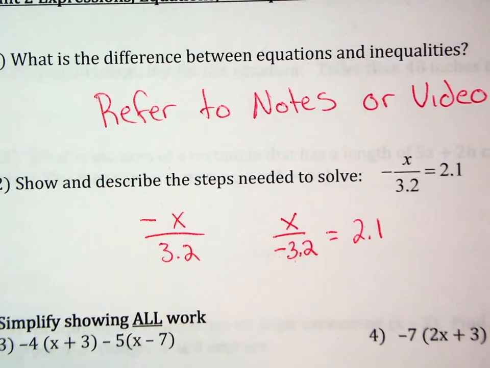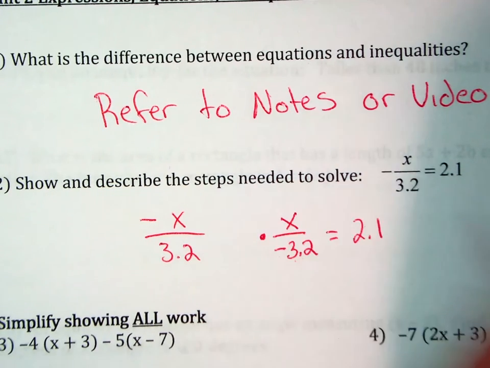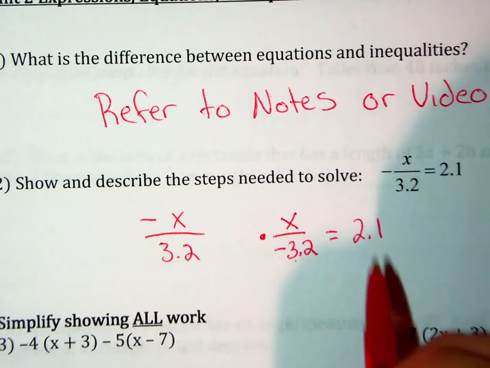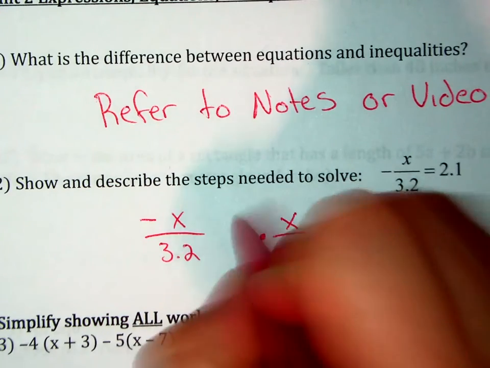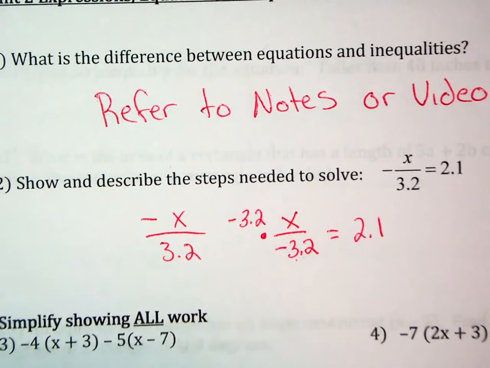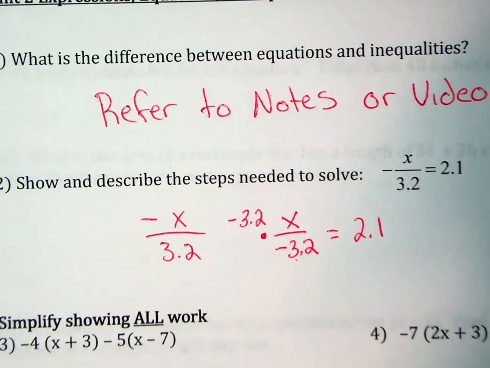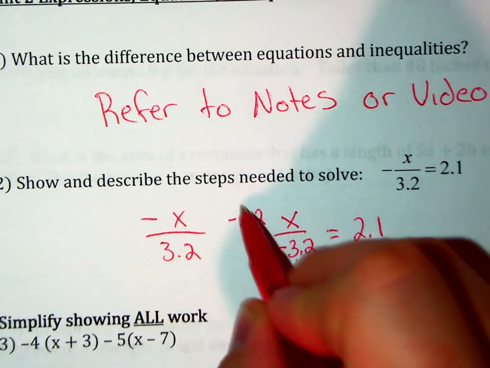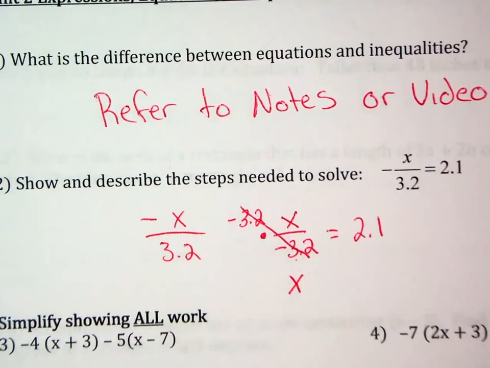And we already know that to get rid of a number in the denominator, I multiply this fraction by whatever value is in the denominator. So I'm going to multiply that fraction by negative 3.2. Negative 3.2 over negative 3.2, since I have a negative over a negative, is simply a positive 1, which will allow those two to cancel each other out and drop down an x.